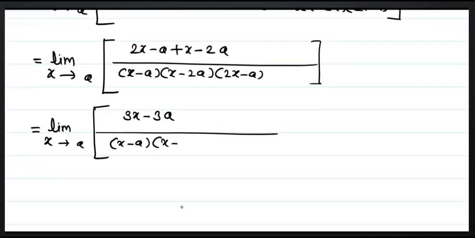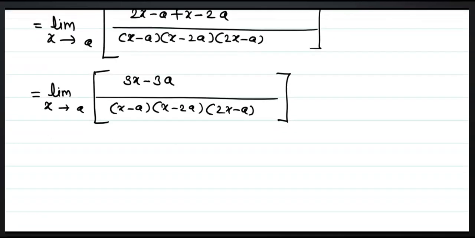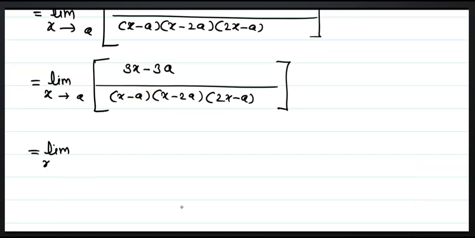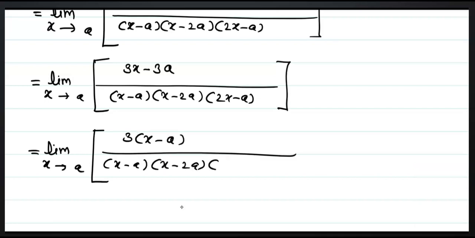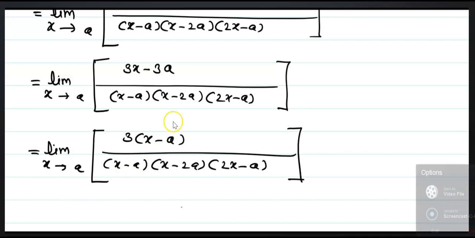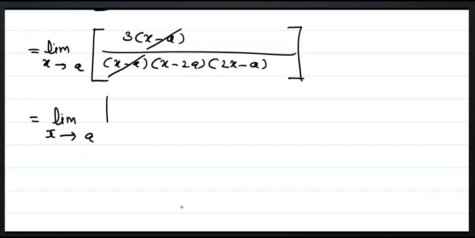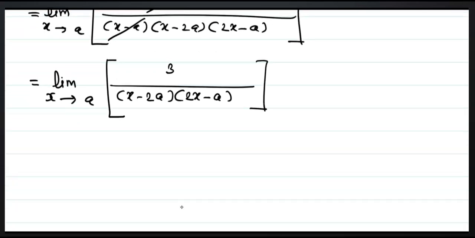We'll take 3 as a common. Then you will get x minus a, which gets cancelled. That is limit x tends to a, 3 upon x minus 2a into 2x minus a.